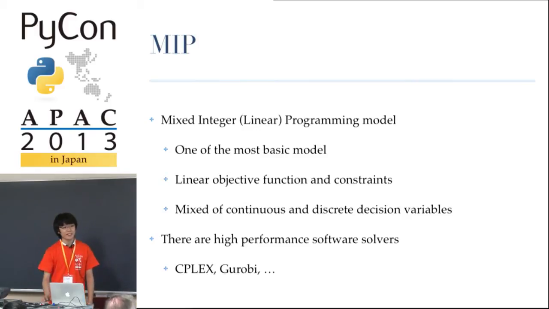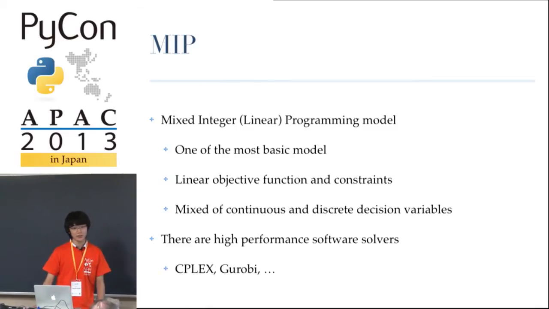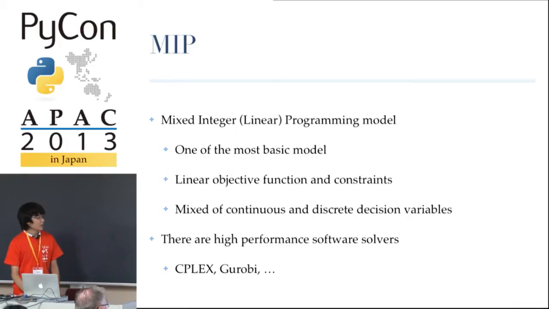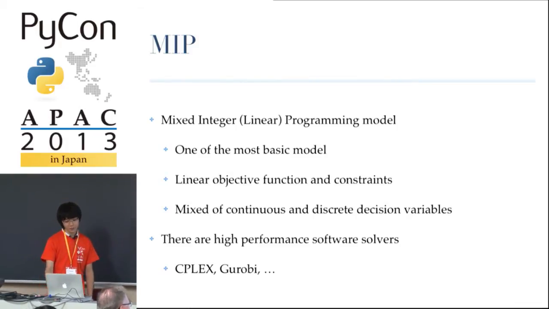This includes the linear programming model and the integer programming model. It has a linear objective function and linear constraint functions. This model has a mix of continuous and discrete decision variables.